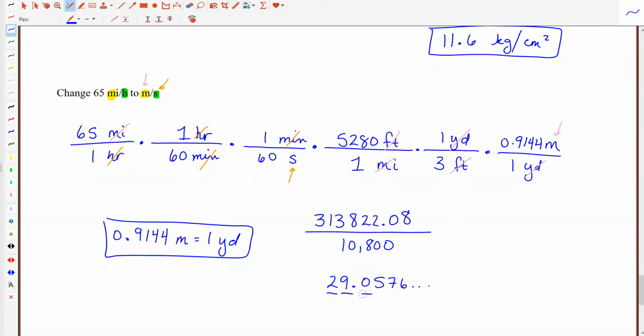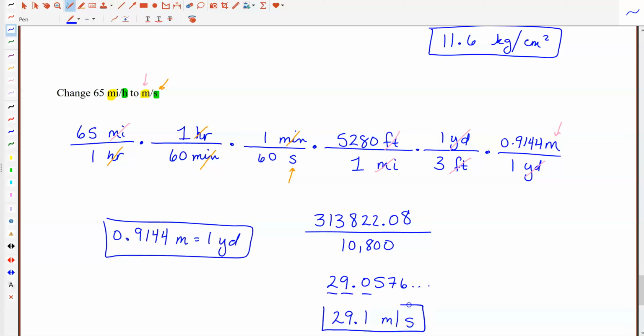But I want to keep this to 3 significant digits, so I'll keep the 2 and the 9. And then after my decimal point, because the 5 is 5 or bigger, I'll round the next number up, so that 0 will jump up to a 1. And then my units on my final answer are meters per second.